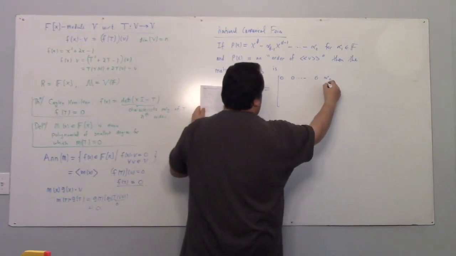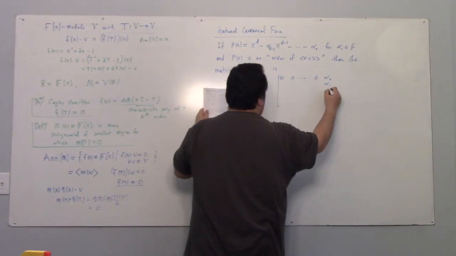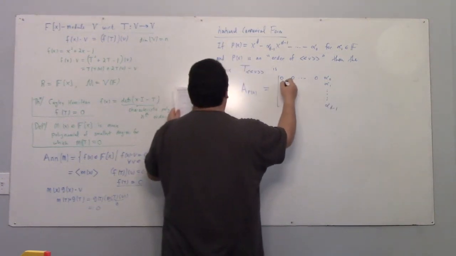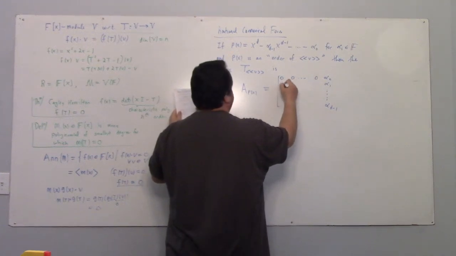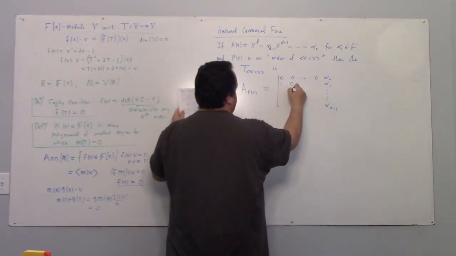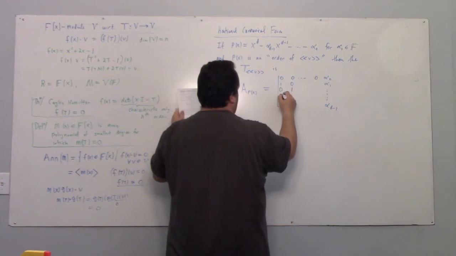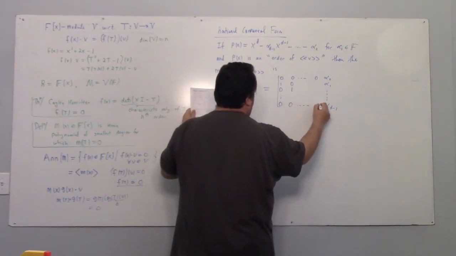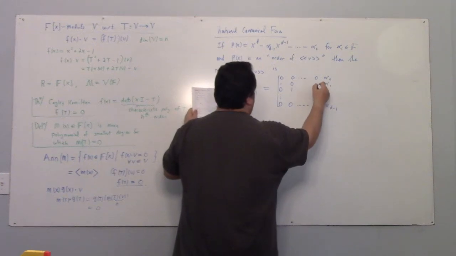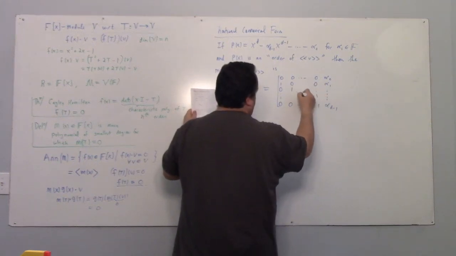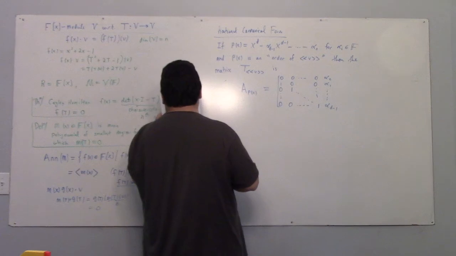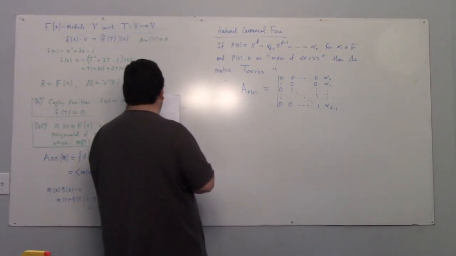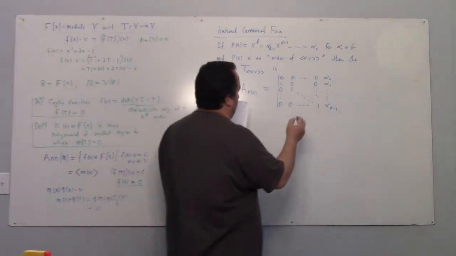And then the last column you get alpha naught, alpha 1, up to alpha d minus 1. And then you got ones on the subdiagonal, zeros elsewhere. This is called the companion matrix of a prime polynomial p of x.